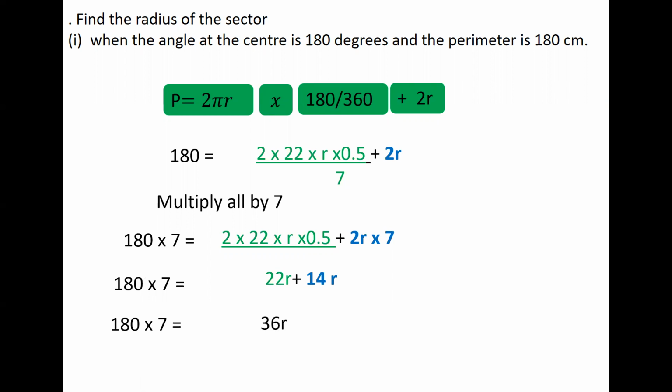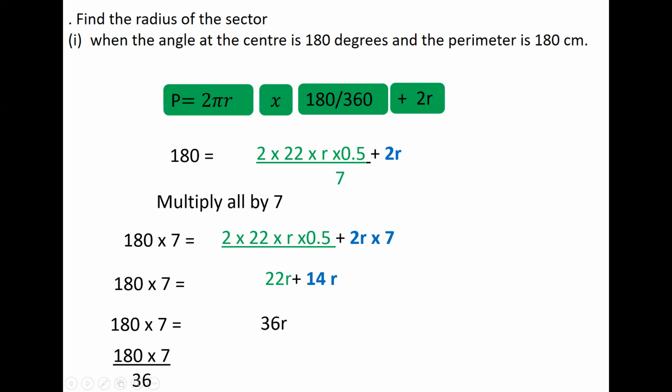Then take the r and move 36 to the other side. Leave r here, right hand side, and take the 36 to the other side. So 180 into 7 over 36. If you do any sort of processing here and get a final answer, you are again trying to divide everything by 36, so it's a time-taking process.